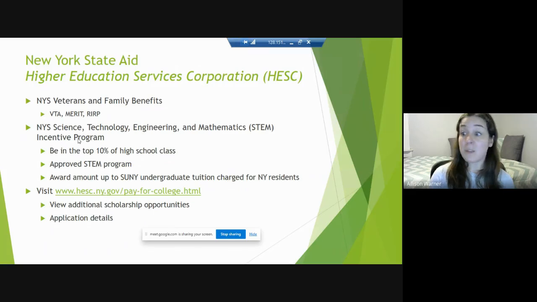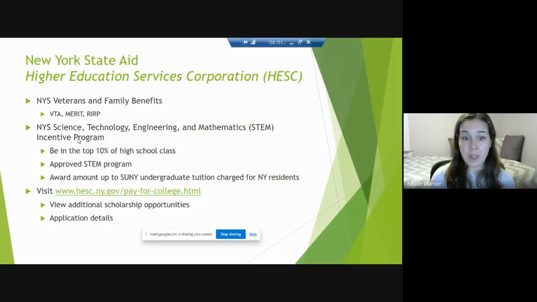These kind of mimic the federal VA benefits that some families are eligible for. The most common one is the VTA benefits. This is state funding for students that are veterans themselves. So typically, you're reaching an older student population at that point.